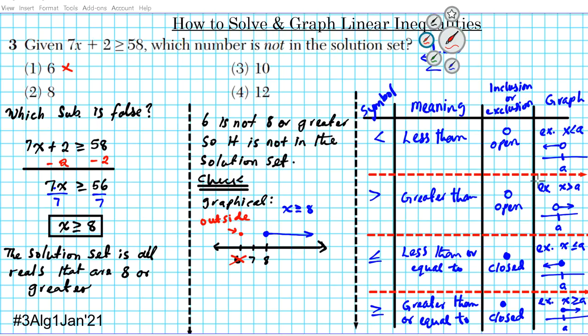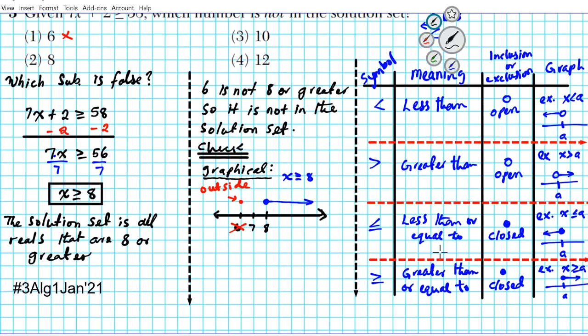All right, now let's do an algebraic verification. We have a graphical check, and we know that 6 is not in the solution set. Now let's do the algebraic check, just to let you know for sure that our answer is correct. I just want to illustrate what a false substitution looks like.